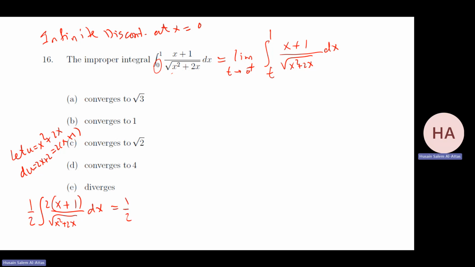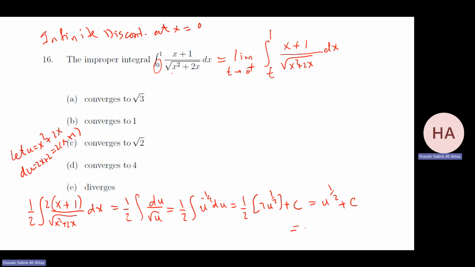So that will be half du over square root of u, in other words, half u to the power minus half du. We did this before. It is 2 u to the power half, so my answer is u to the power half plus c, that is square root of x squared plus 2x, plus c. So this will be the answer for the integration.